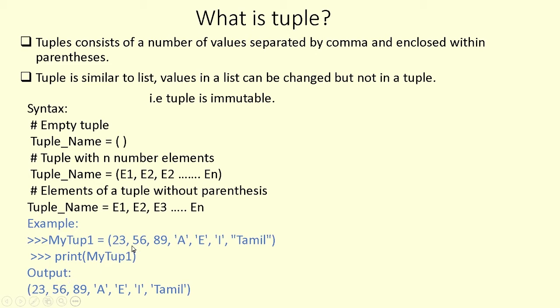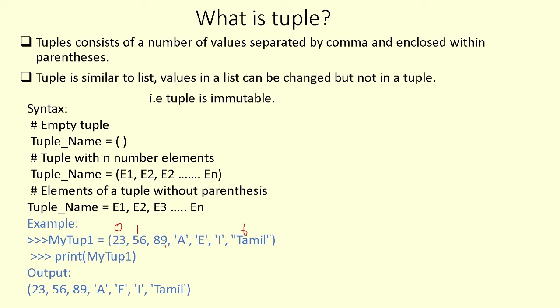Suppose I want to access each element. How can I access each element of a tuple? Similar to a list, same concept: we can make use of the index. The accessing is possible by using the index, and like a list, the index always starts from 0, so 0, 1, 2, and so on up to n.